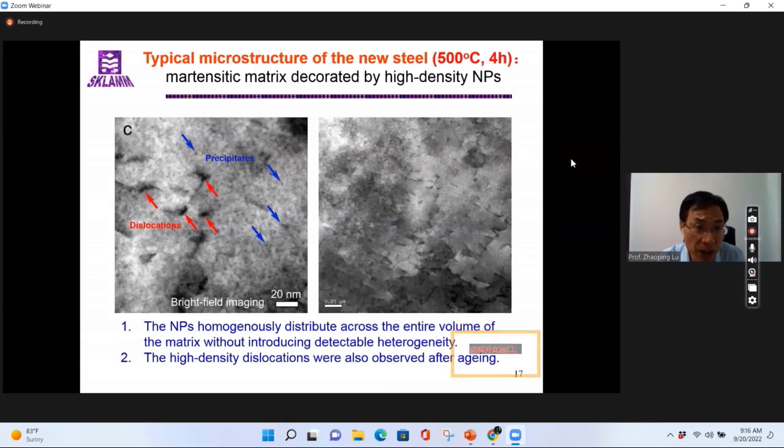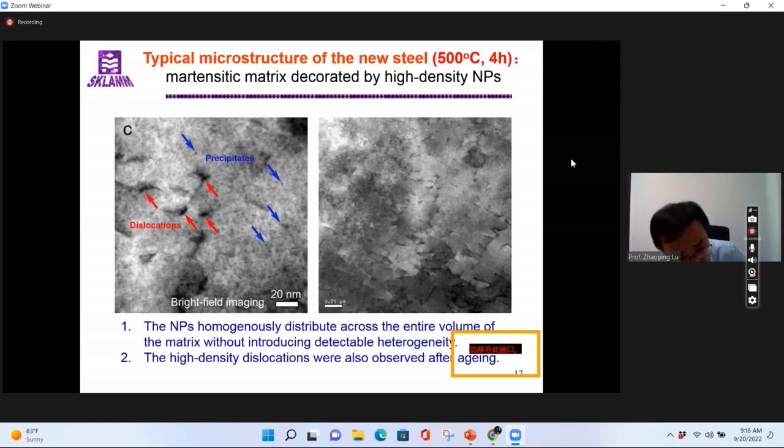Here shows the typical microstructure of our newly developed steel, annealed at 500 degrees C for 4 hours. As indicated by the blue arrows, you see many tiny precipitates embedded in the matrix.